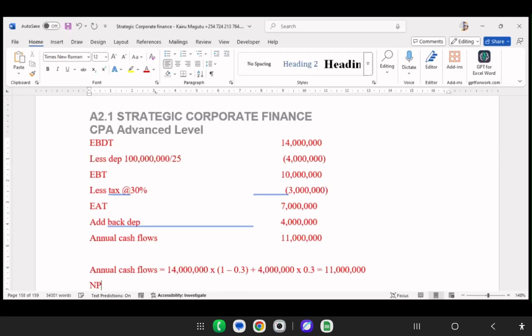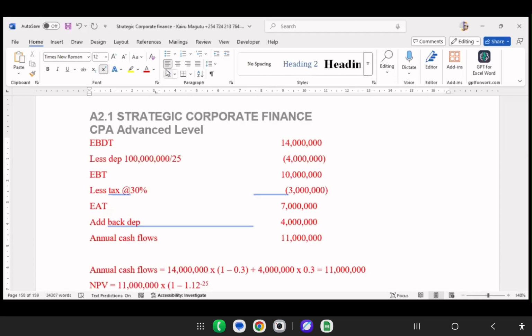Can we determine the NPV? The base case NPV is equal to 11 million. We multiply by 1 minus 1.12 power negative 25 years.